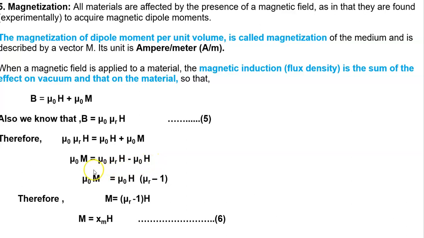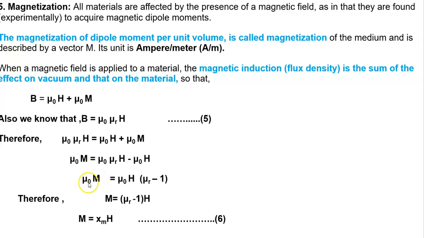So now H you can take common, and mu 0 is also common. Take mu 0 H common from the right hand side and it will be mu R minus 1. So what will be magnetization M?